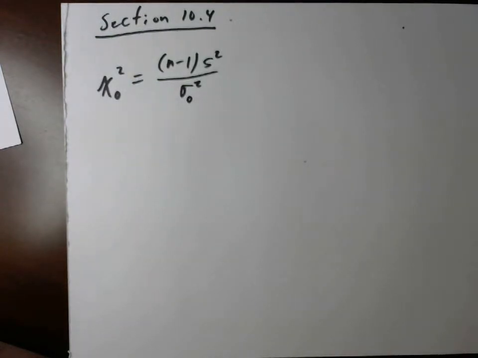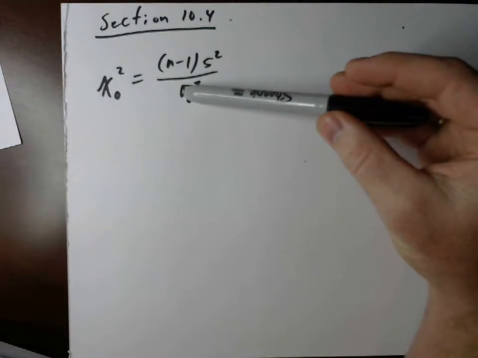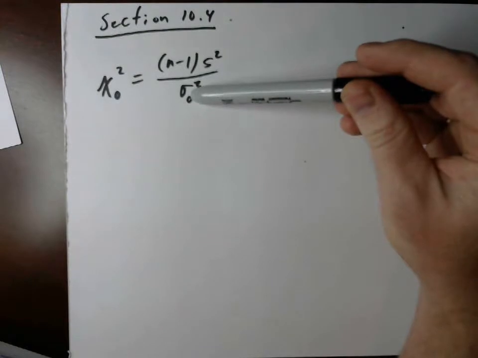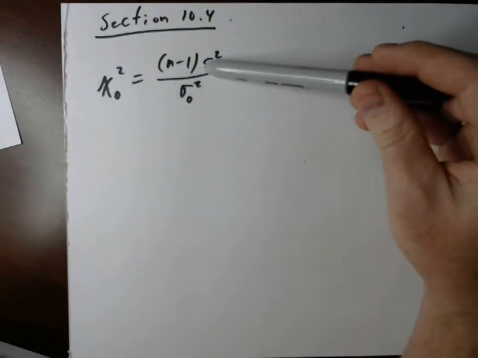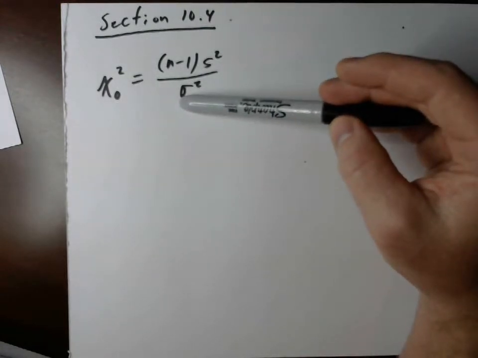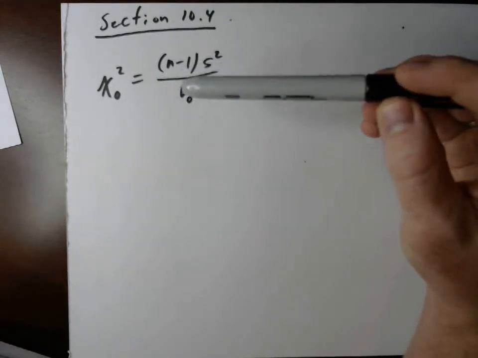So it should make sense that, and this is where you really have to think about what's going on with this equation. Let's say that sigma is the claimed value, and then S is from our sample, and we want to compare how close S is to sigma.